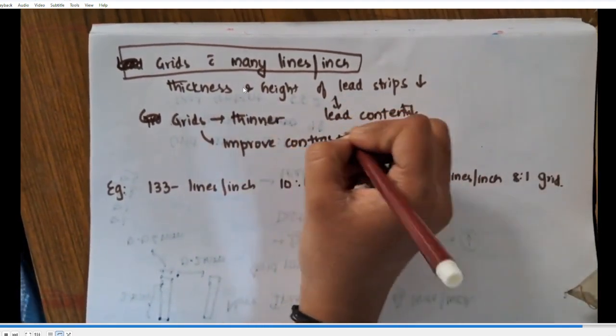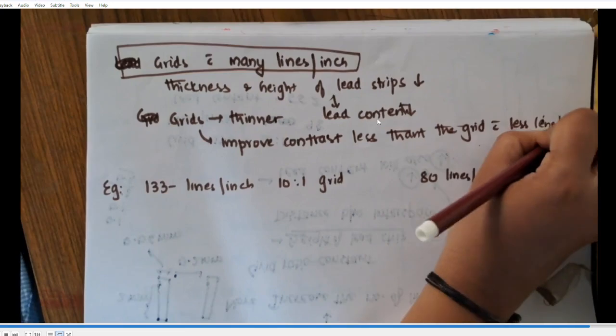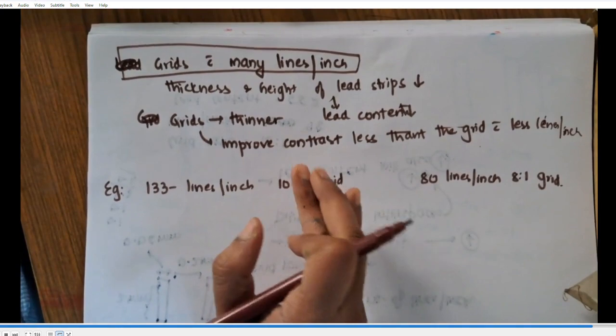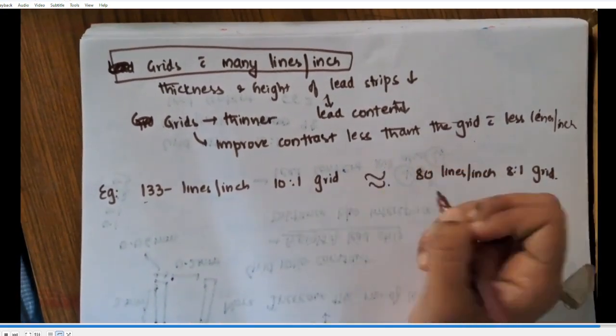So as the thickness and height of the lead strips decrease, the lead content will decrease. So the grids improve contrast less than the grids with fewer lines per inch.